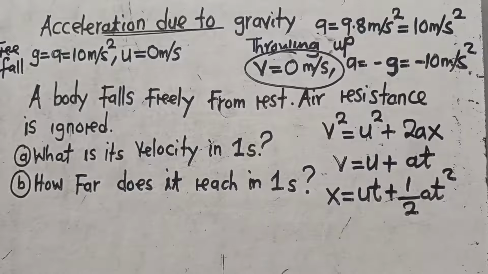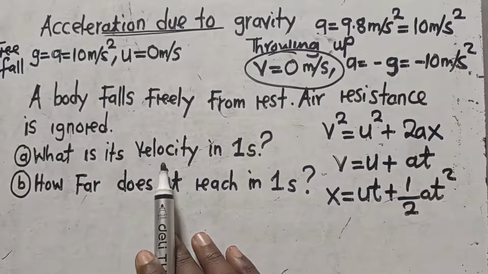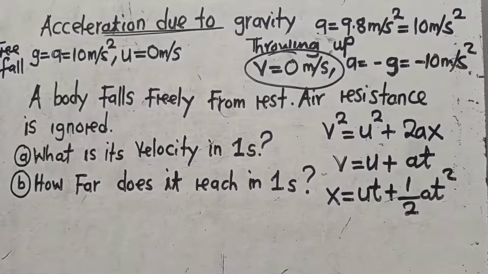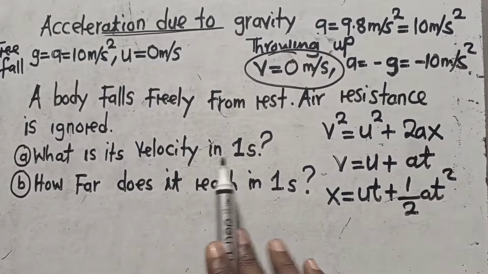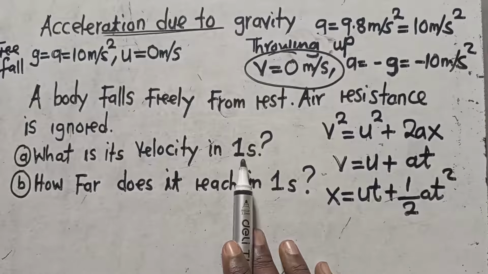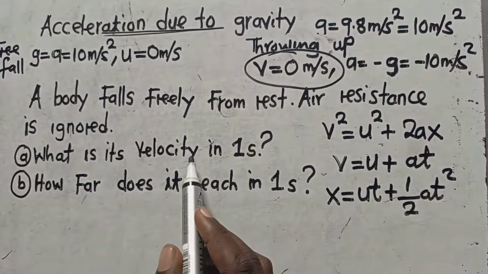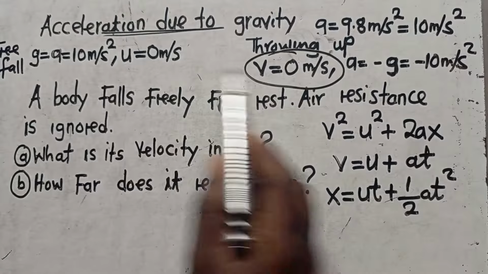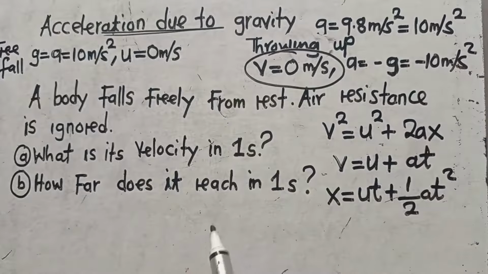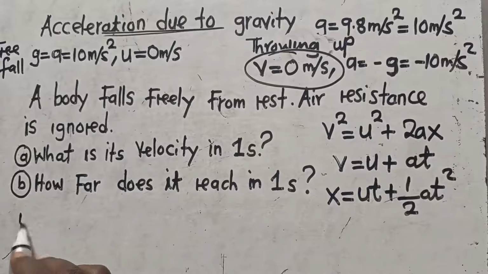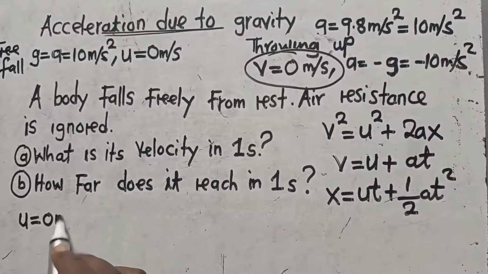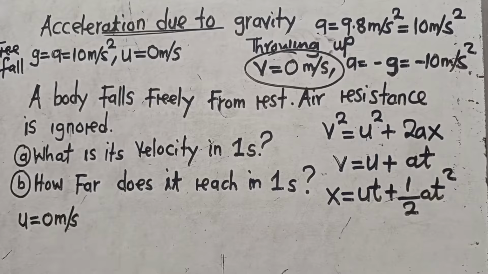We are going to use one of these to answer the questions here. The first one: what is its velocity in 1 second? Getting the data that is given there, we've got initial velocity, which is 0 meters per second.